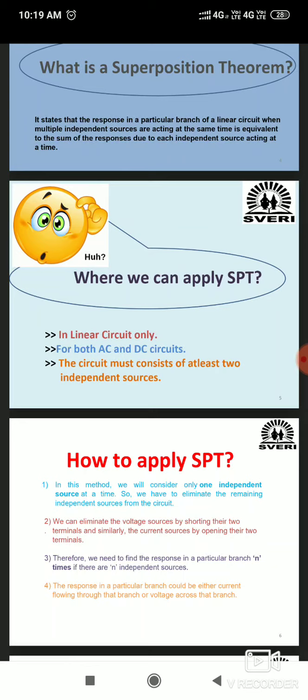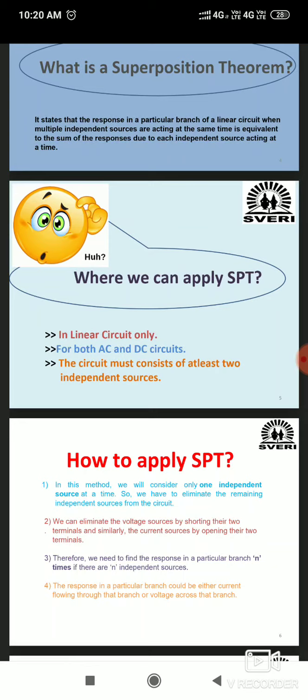The circuit may consist of both AC as well as DC, म्हणजे फक्त DC सर्किटला पण अप्लाय करू शकतो, फक्त AC सर्किटला पण अप्लाय करू शकतो, और कॉम्बिनेशन ऑफ बोथ. The circuit must consist of at least two independent sources. So the first and third are very important. The condition is that the circuit must consist of two or more independent sources.